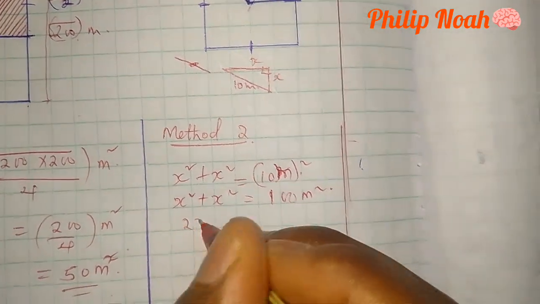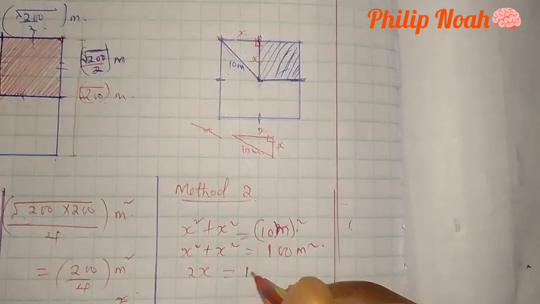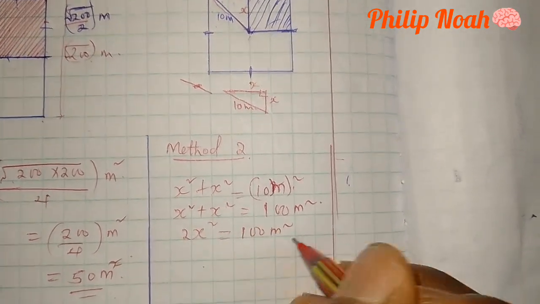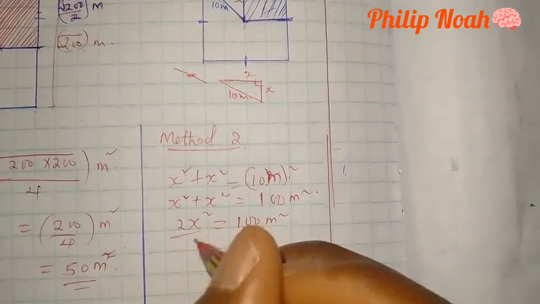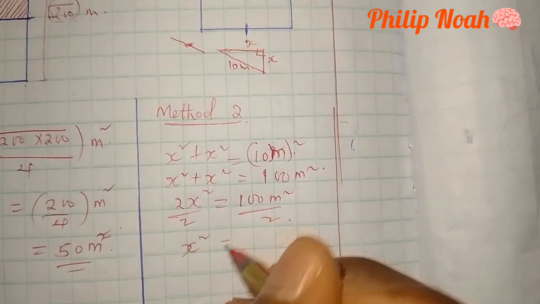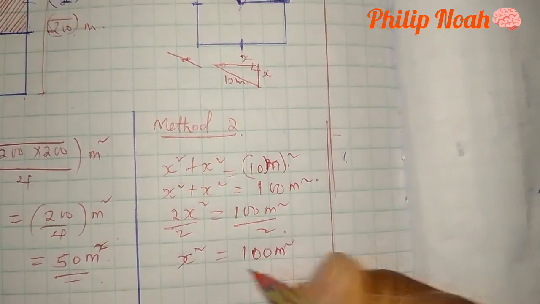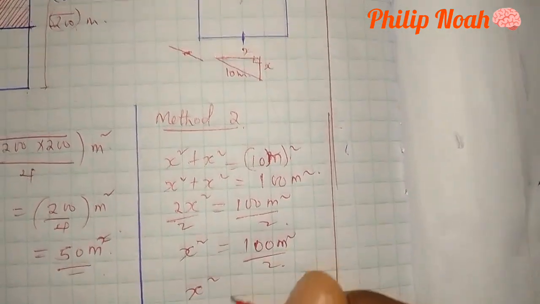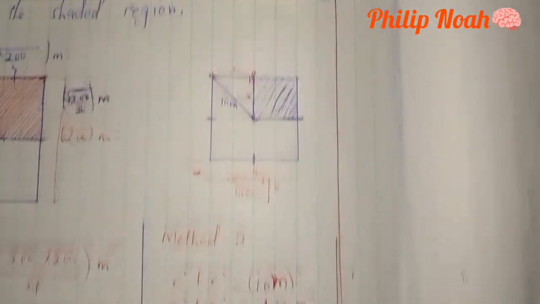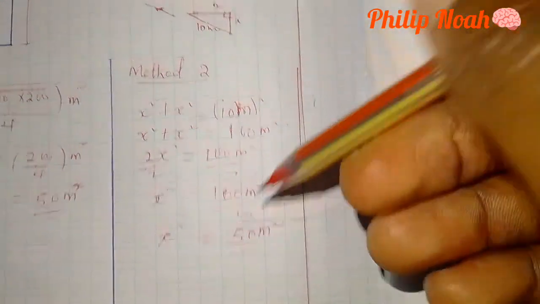So this is 2x squared is equal to 100 meters squared. To get the value of x squared, we divide all through by 2, and we have x squared is equal to 100 meters squared over 2. x squared is equal to 50 meters squared.